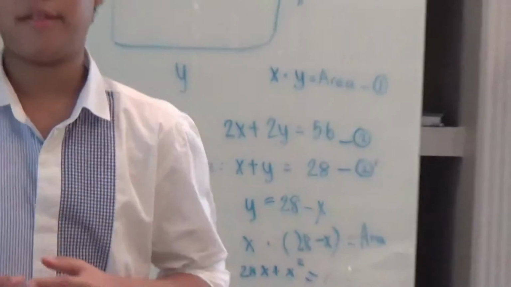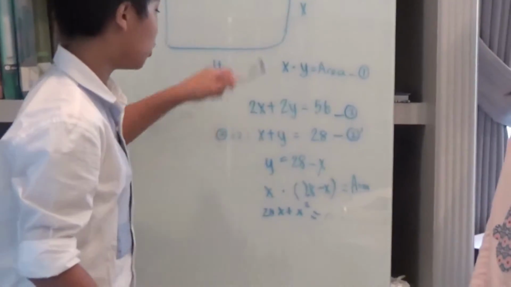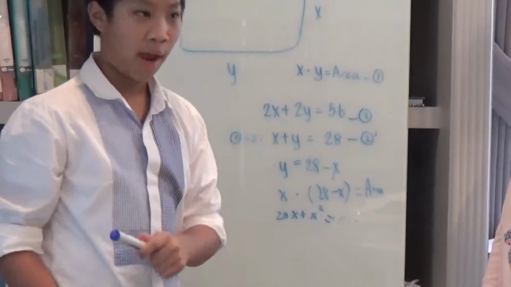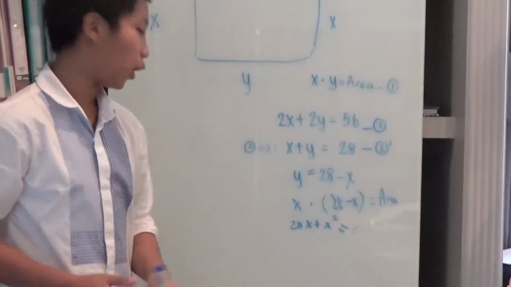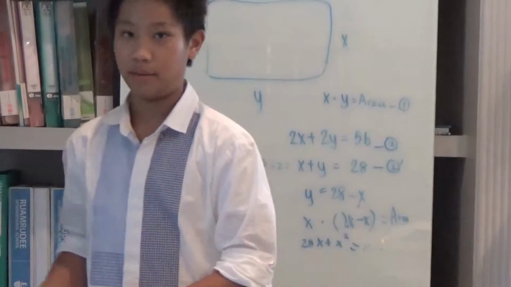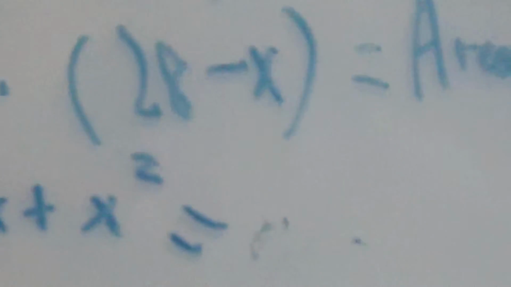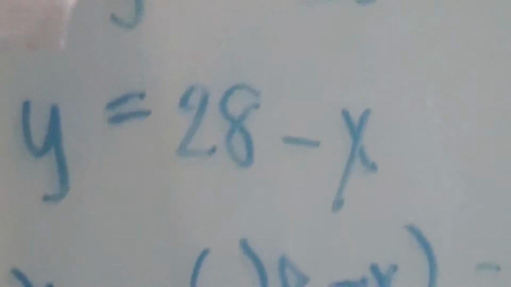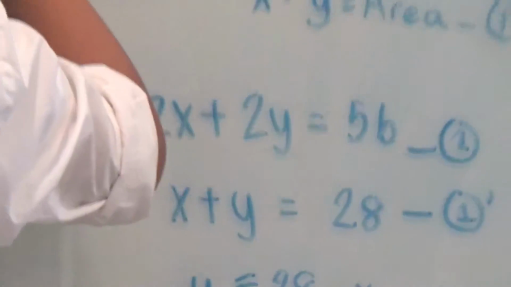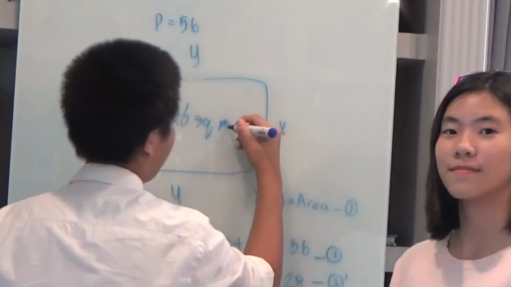Then we change the equation into y equals 28 minus x, and then we substitute in x times y equals area. And then we use the knowledge of polynomials to get this answer: 28x minus x squared equals area. And this equation tells us that the maximum area that could occur in this situation is 14 on the y and 14 on the x, which equals 196 square meters. Thank you.